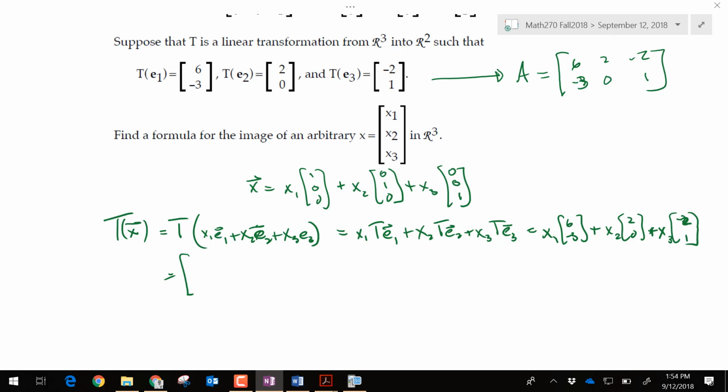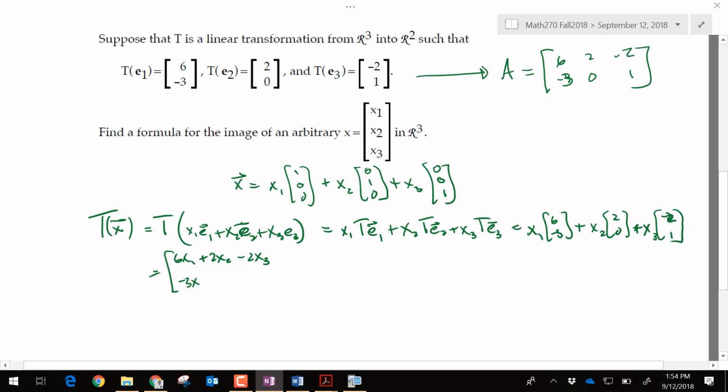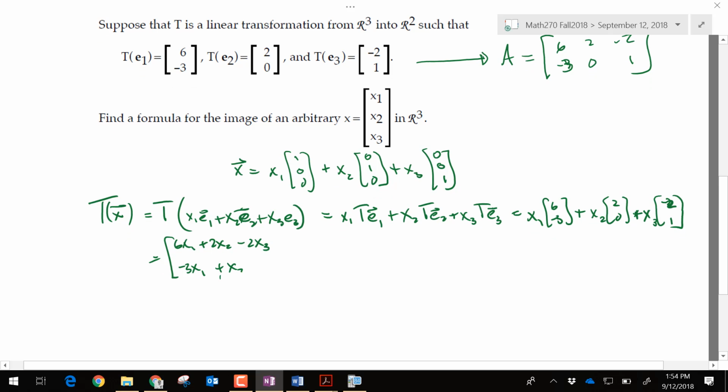Your first element is 6x1 plus 2x2 minus 2x3, which is just one scalar being worked out. And then, I'm sorry, this is a 2 by 1 matrix, a 2 vector. So this is minus 3x1, plus 0x2, plus x3. So that's your matrix.